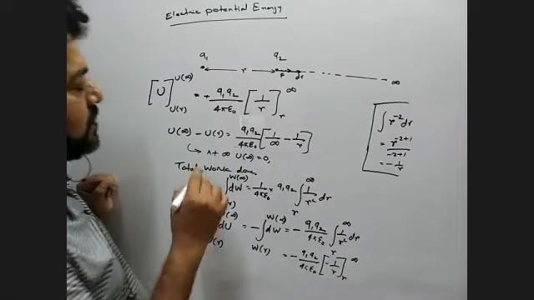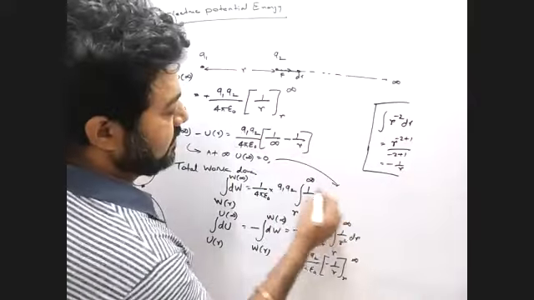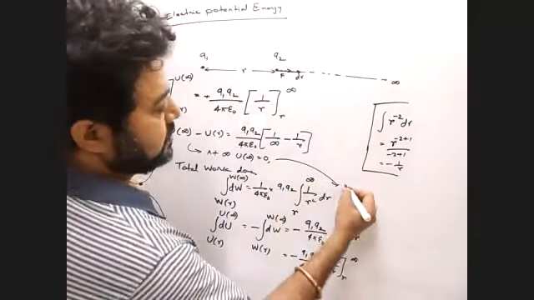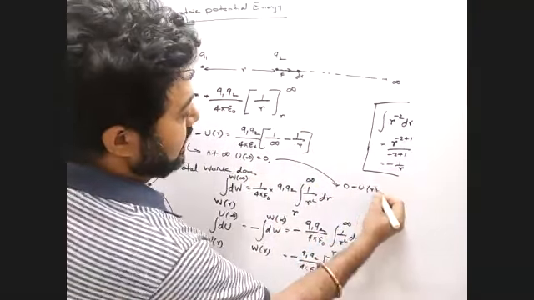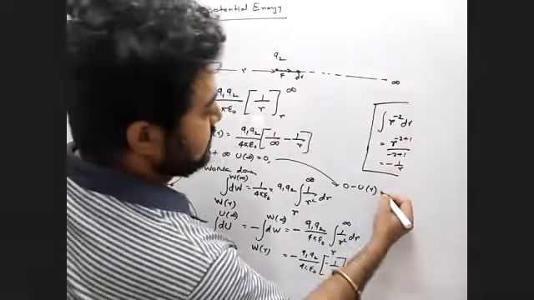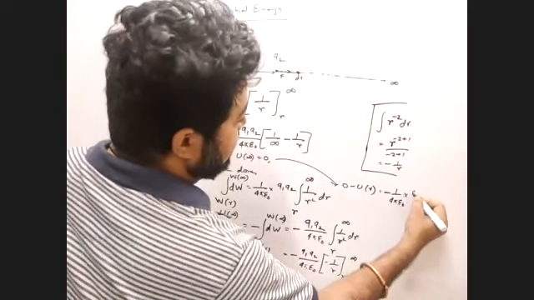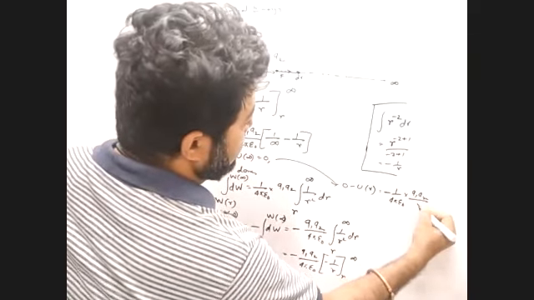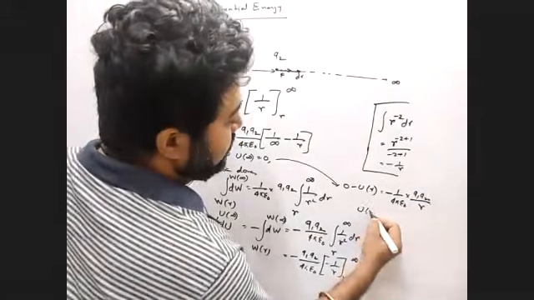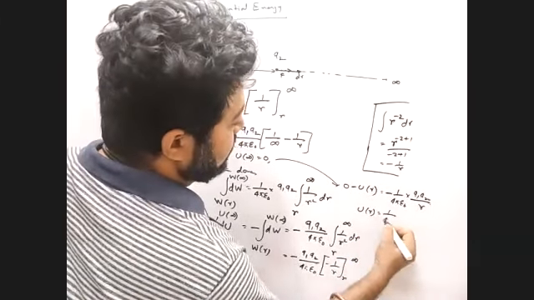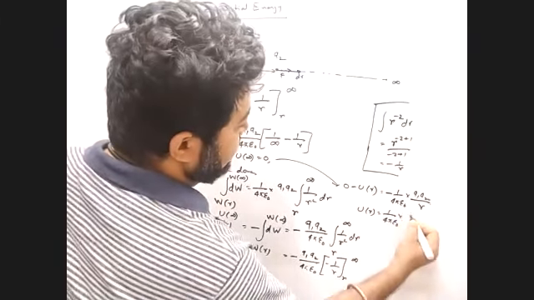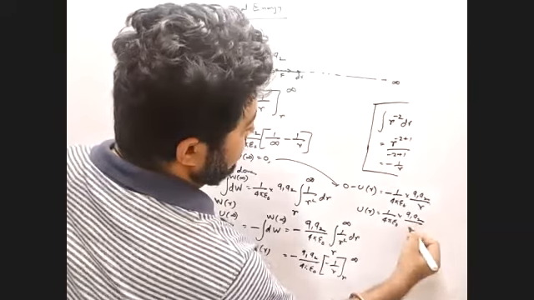If we write this, we get 0 minus U r, that is minus 1 by 4 pi epsilon naught Q1 Q2 by r. So U r is 1 by 4 pi epsilon naught Q1 Q2 by r.